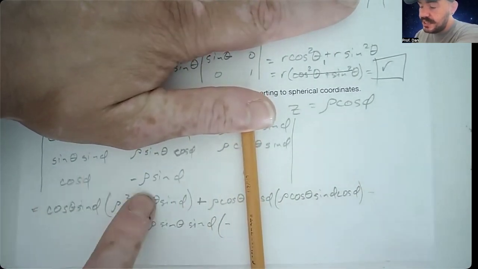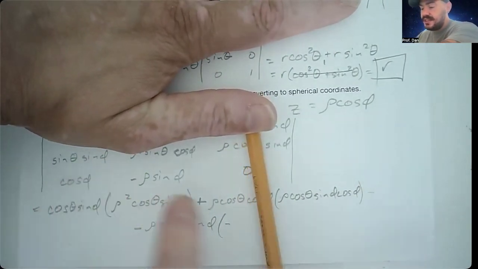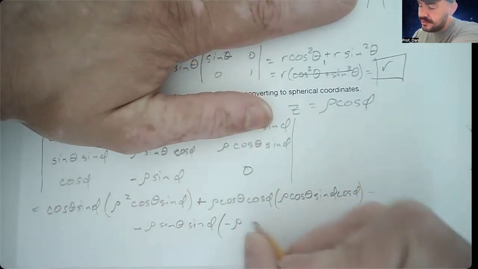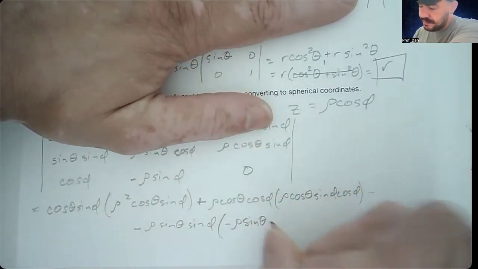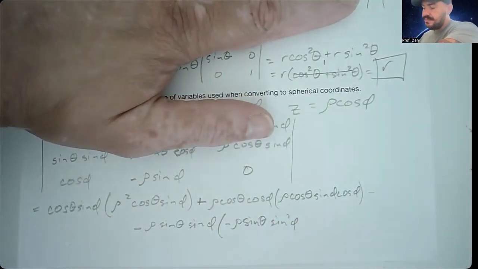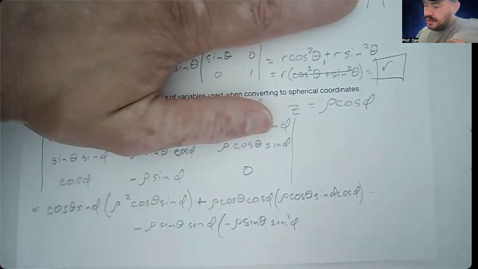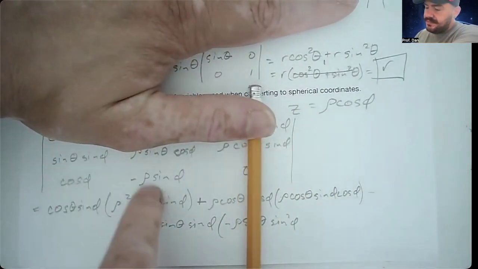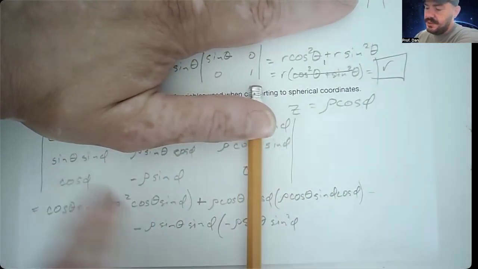That's going to give me negative rho sine theta sine squared phi, minus the product of these two.